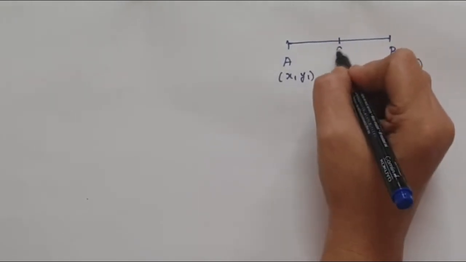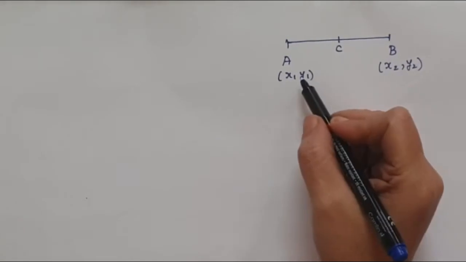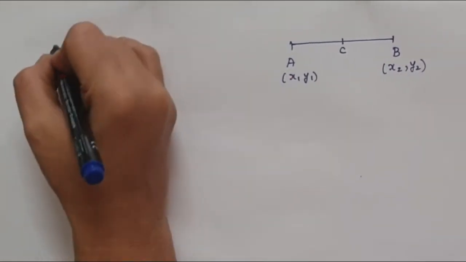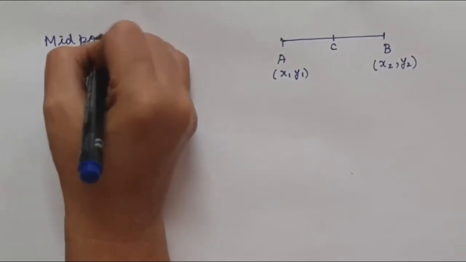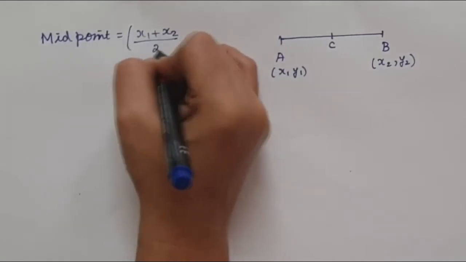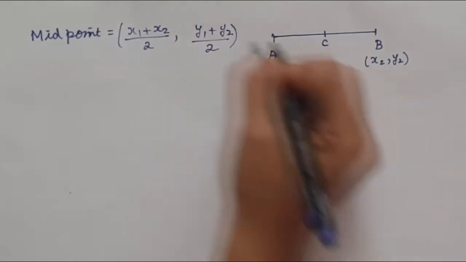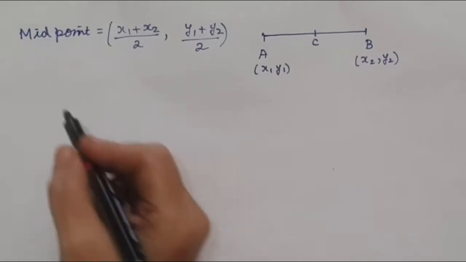If you need to find C, the midpoint of it, then we just find the average of the x coordinates and the average of the y coordinates. So the midpoint will be equal to x1 plus x2 over 2, comma, y1 plus y2 over 2. The average of the x coordinates and the average of the y coordinates. So we get the midpoint.